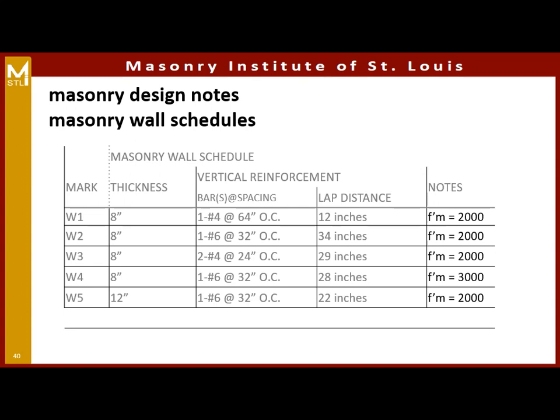That increases our lap length. Wall 4 is the same as wall 2, except now our F'm is higher, so we have less of a lap length there. And then wall 5 is again the same as wall 2, but now we have a 12-inch block instead of 8-inch. So with the bar at the center, that increases our bar cover, and our lap length goes down again.